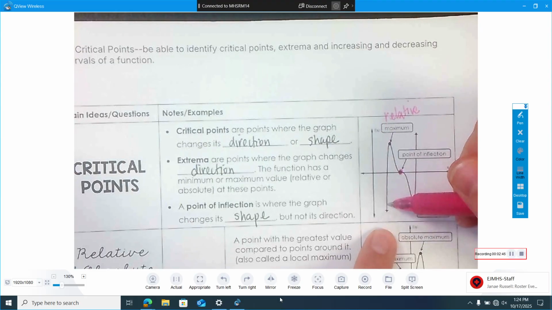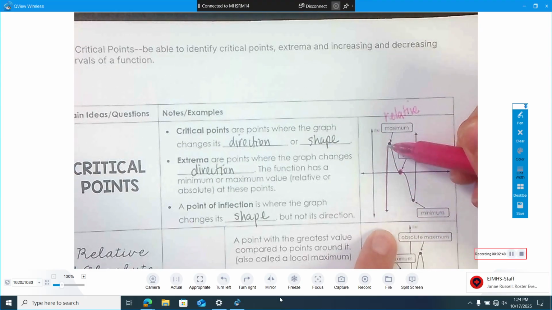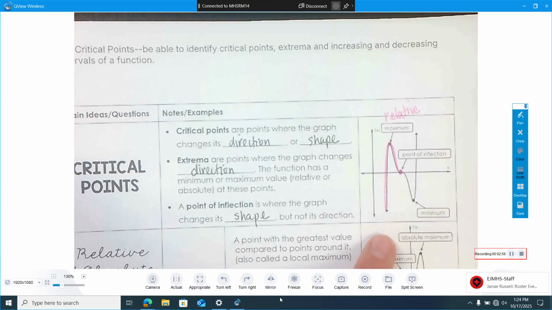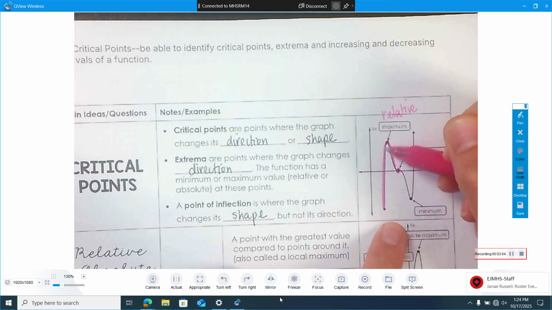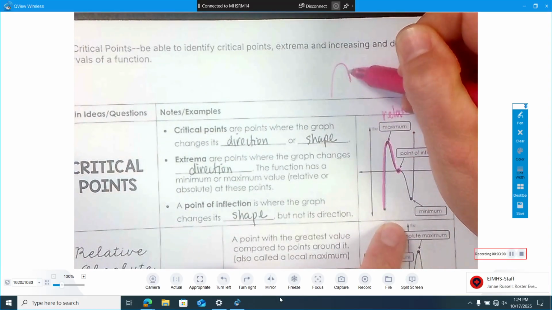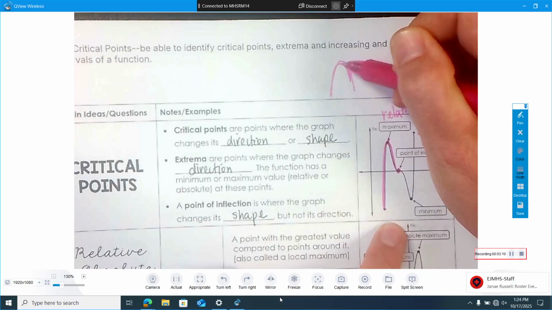We have this shape here going uphill to downhill. We call this shape concave down. Sort of scooping down. Does that make sense to you? Like a cave is a concave downward. So like a parabola we would call concave downward.